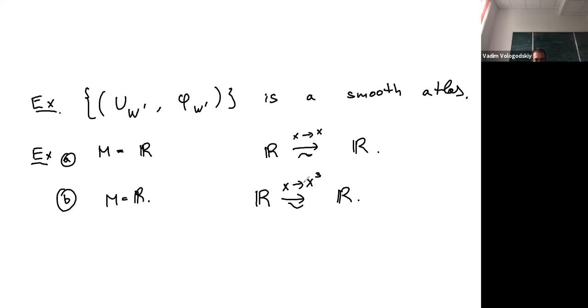So this observation, of course, you can use to construct infinitely many non-equivalent smooth structures on R, right?